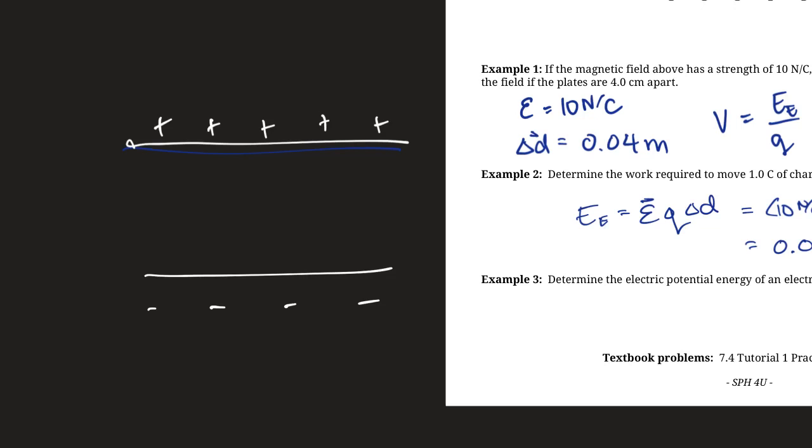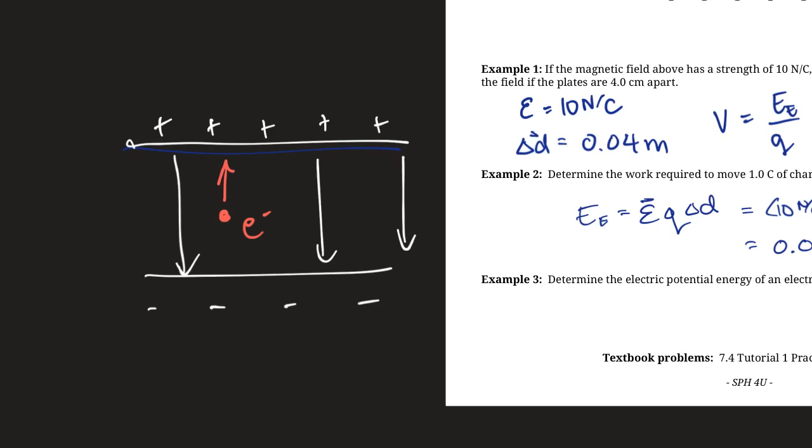If we place an electron in the middle, which way is it going to want to go? It's going to want to go this way, against the field. Remember, the field is going this way. Any negatively charged particles or objects are going to want to move against the electric field. So in this case, the electron is going to want to go up.